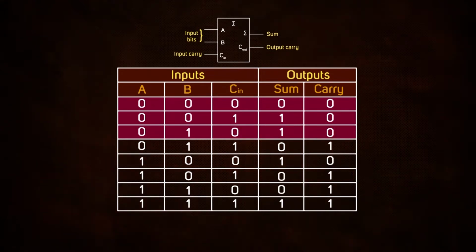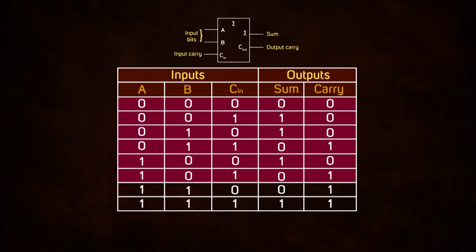If inputs A equal to 0, B equal to 1 and C in equal to 1, outputs sum equal to 0 and carry equal to 1. Next, if inputs A equal to 1, B equal to 0, C in equal to 0, output sum equal to 1 and carry equal to 0. If inputs A equal to 1, B equal to 0 and C in equal to 1, outputs sum equal to 0 and carry equal to 1.